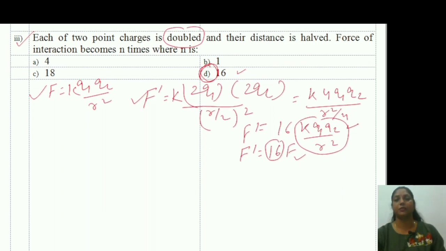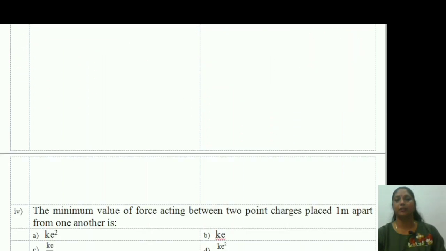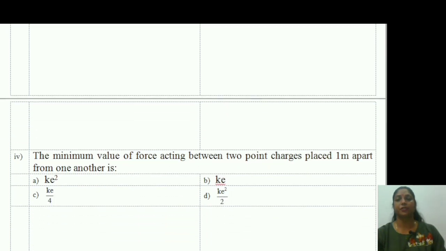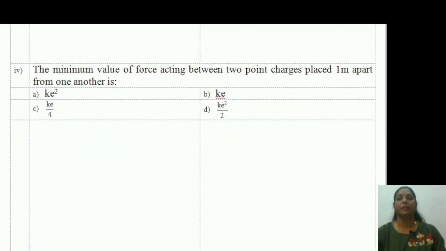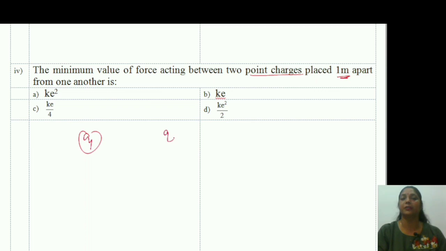Now after this, question number 4. The question is: the minimum value of force acting between two point charges placed 1 meter apart from one another. There are two point charges Q1 and Q2, and the distance between them is 1 meter. Now you have to calculate the minimum value of force.